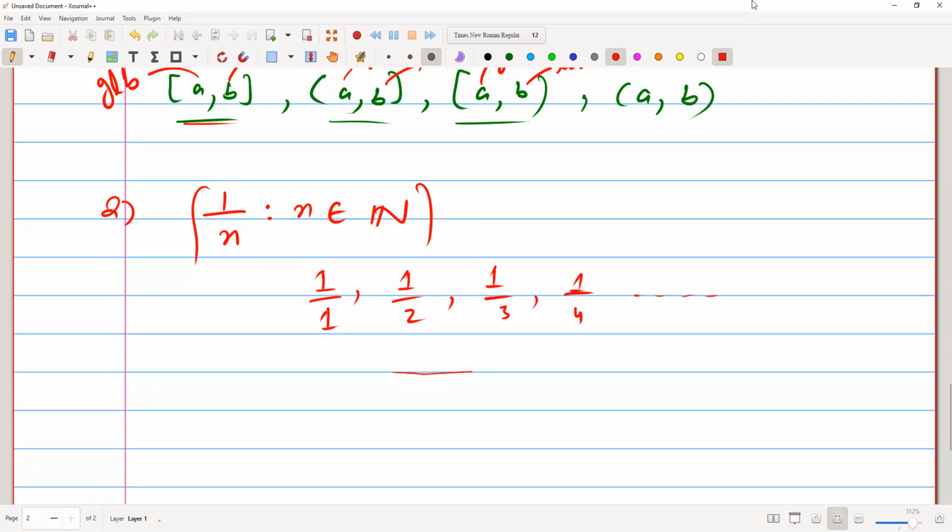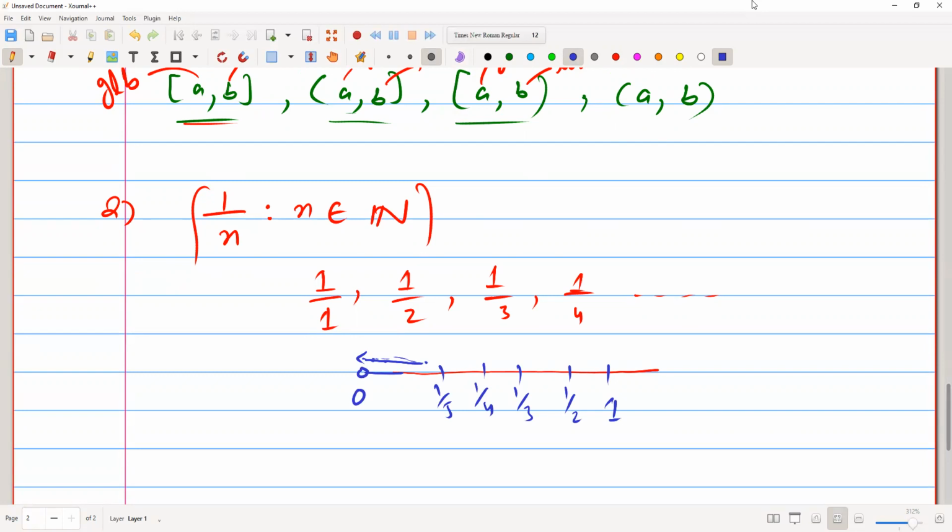On the real line, if we have 1 here, then 1 over 2, 1 over 3, 1 over 4, 1 over 5, it's going back, and eventually the limit will reach 0 here.